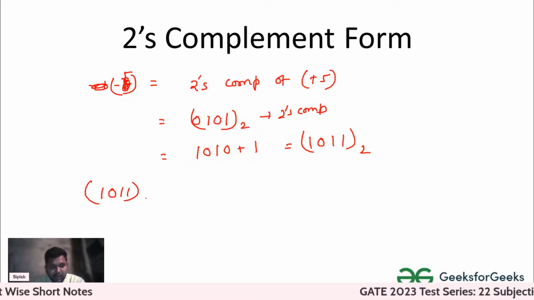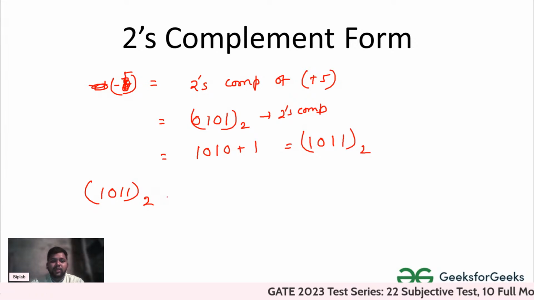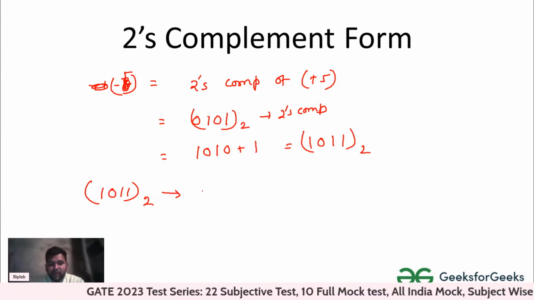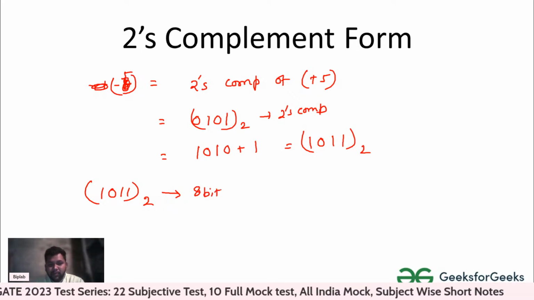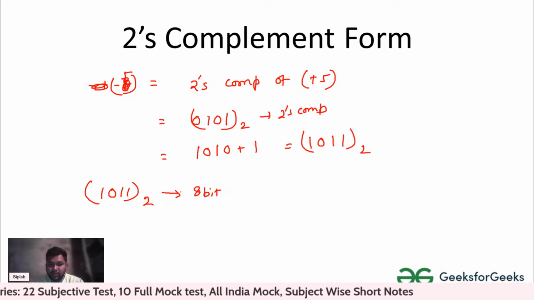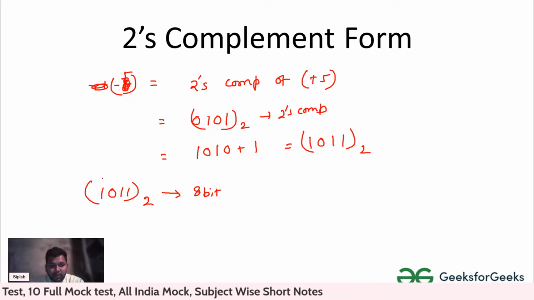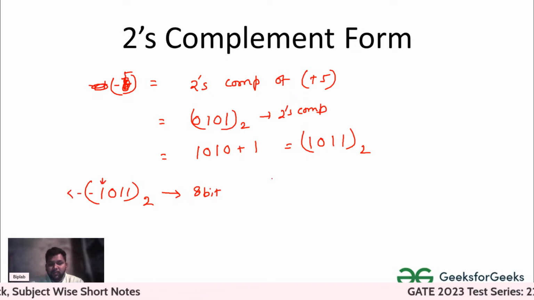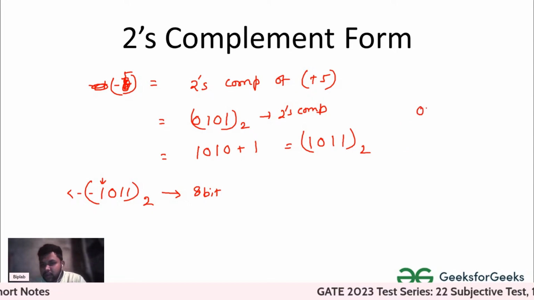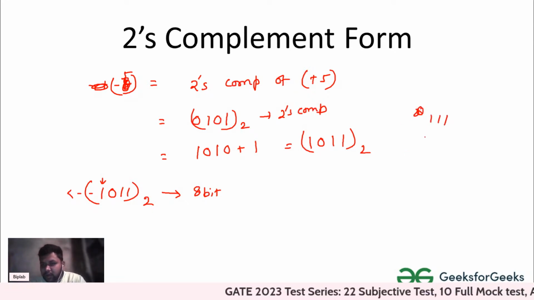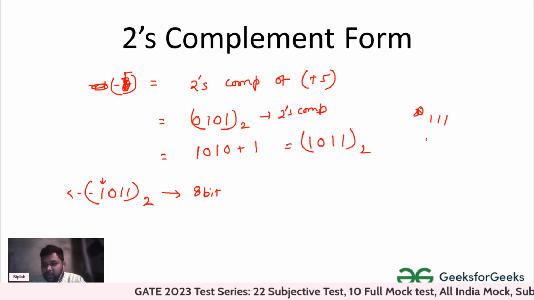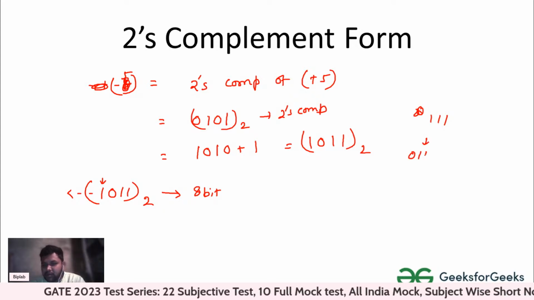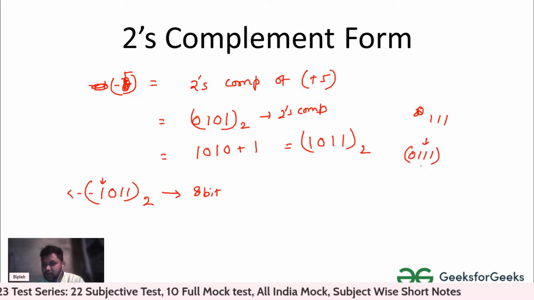One more thing I have to say. If this number is represented in two's complement form and you want to store the same number in 8-bit memory, how will you store it? You will extend the sign bit. In general, if your number is 111 and we want to represent it in 4 bits, we write it as 0111.